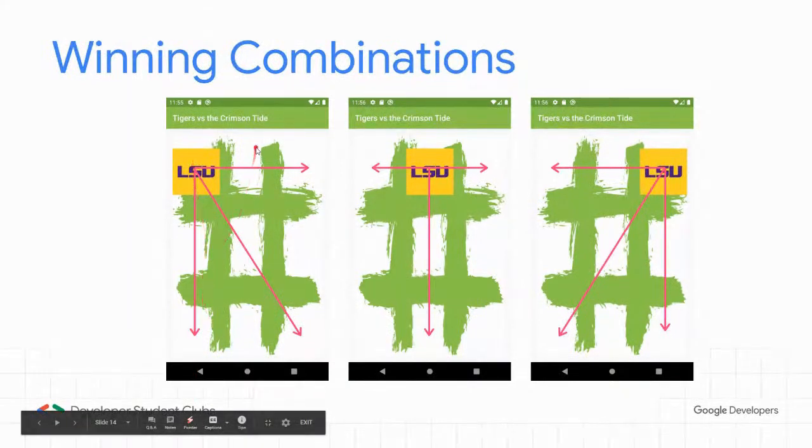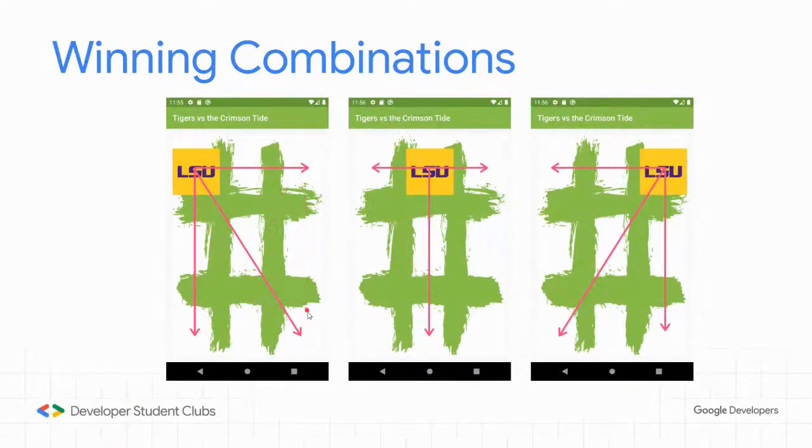This is vertical 1, vertical 2, vertical 3. Since this is the major diagonal in mathematics, this is diagonal 1, this is diagonal 2. Basically, we're just giving some codes to all our 8 winning combinations. So horizontal 1, 2, 3. Vertical 1, vertical 2, vertical 3. Diagonal 1 and diagonal 2.